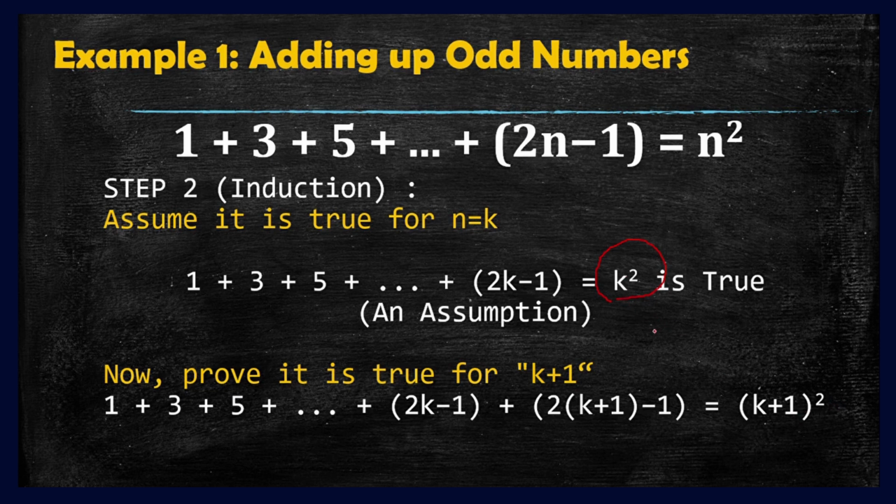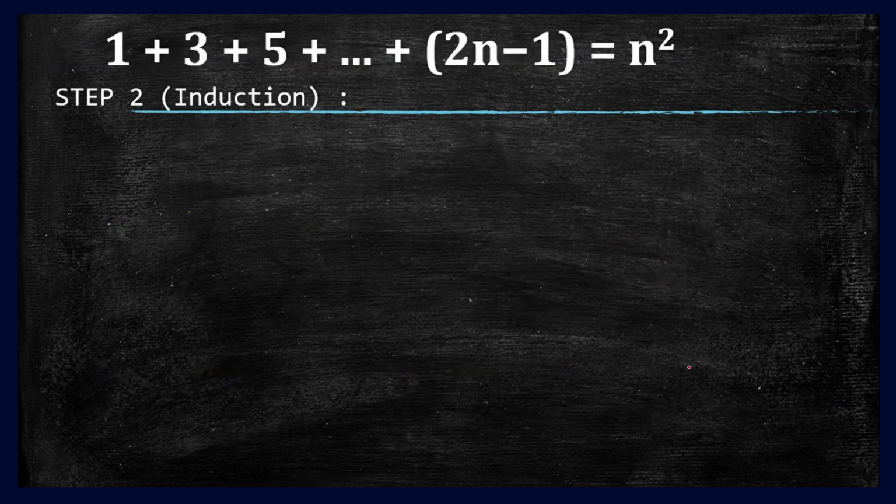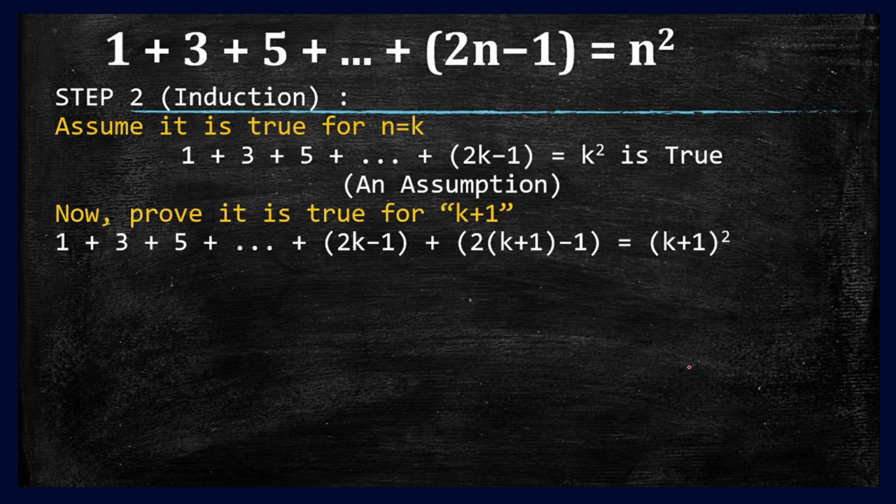Alright, so now let us notice that this part, 1 plus 3 plus 5 plus 2k minus 1, is just the same as our assumption above. Our assumption says that this part is equal to k squared. So now, the next thing we need to do is to replace this part with k squared.